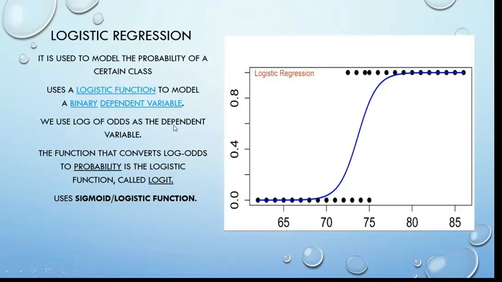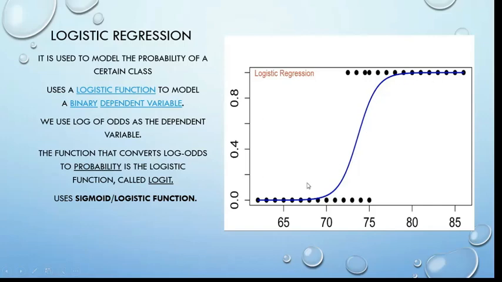It uses this function to model a binary dependent variable, and this assumes an S, or sigmoid, or logistic function. This logistic function converts these log odds to probabilities.